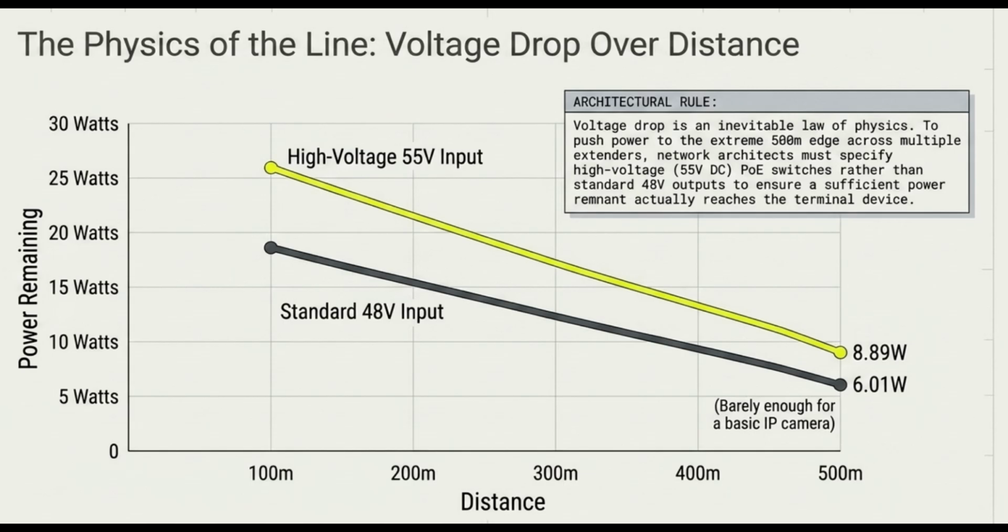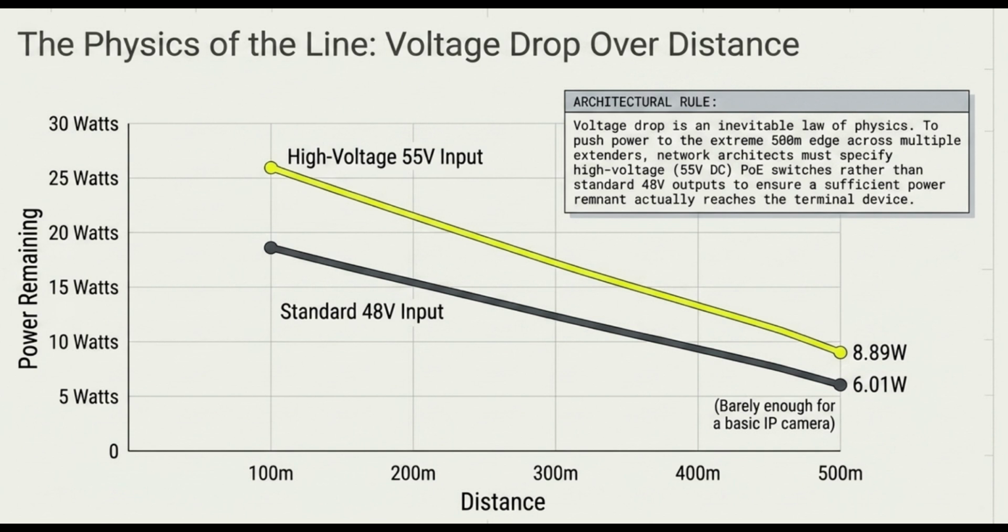You need to explain why distance is the enemy of low-voltage DC power in a way that a field tech can actually use. Explain that as the Ethernet cable gets longer, the natural resistance of the copper wire increases, and that resistance consumes energy as heat. Exactly, causing the voltage to drop by the time it reaches the camera at the edge of the property.